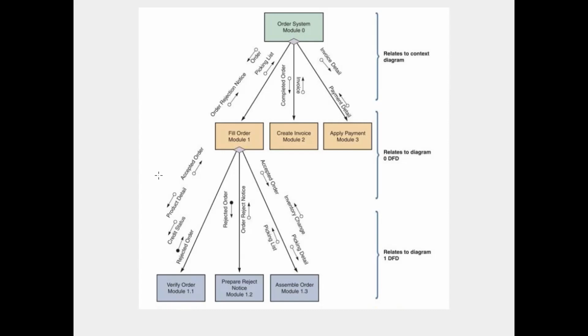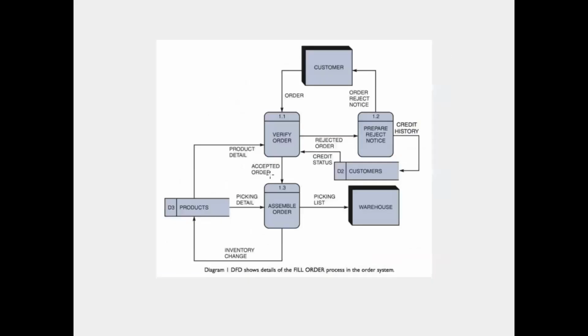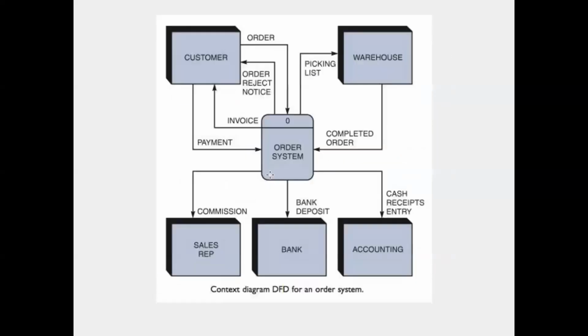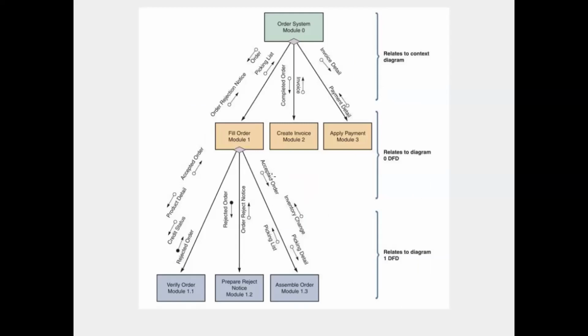So you can see here, we have order, and the order system, which we said is module 0. What you can do is send the picking list and you can get the order.